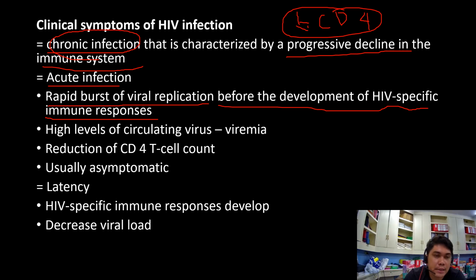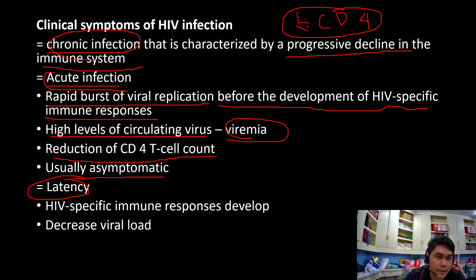The next is there is viremia or high levels of circulating virus, then reduction of CD4 T cell count, and during this stage it's usually asymptomatic. Okay, the next you have latency. So first is acute infection, the next is latency. During latency, your body is able to produce HIV-specific immune responses.